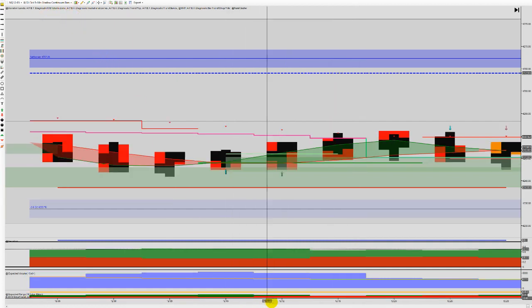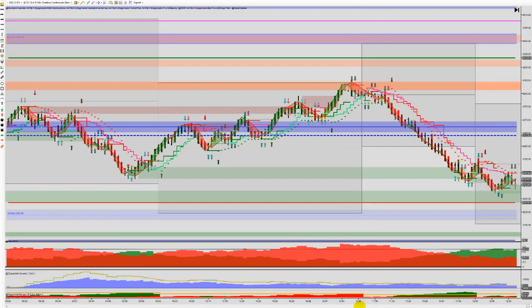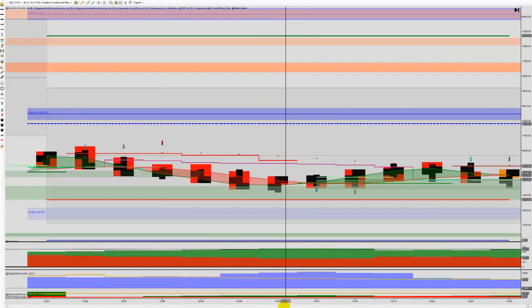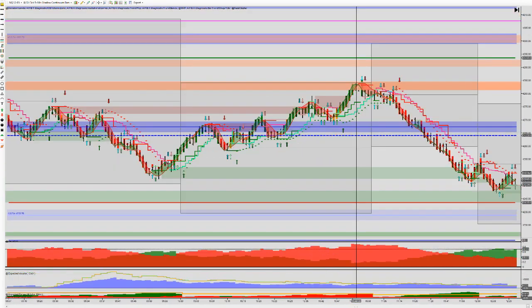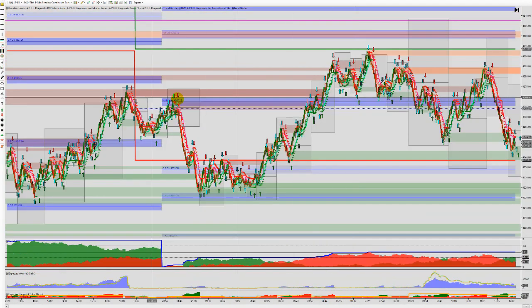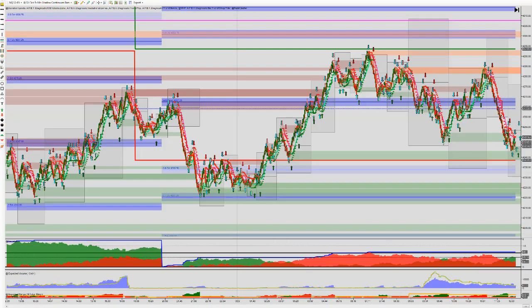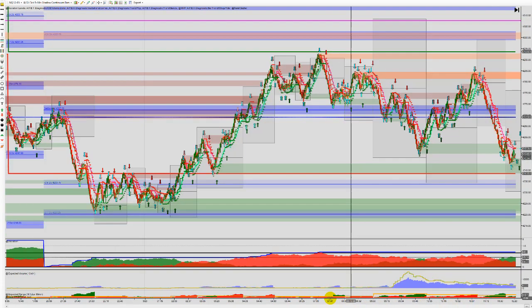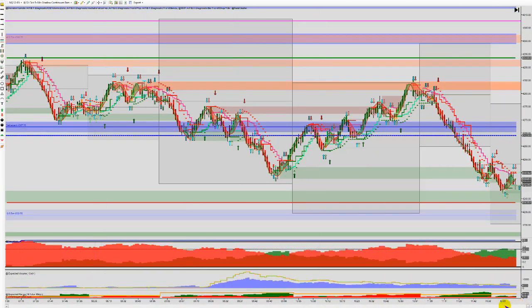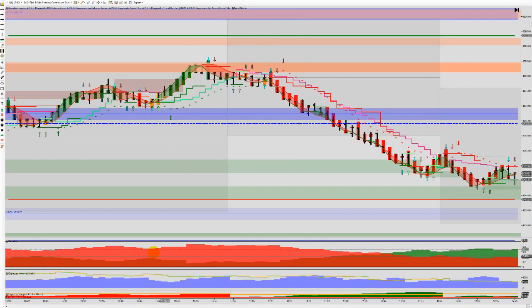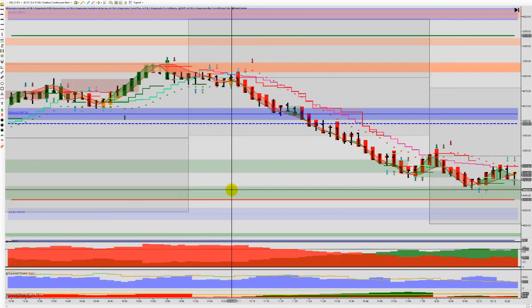The trend flip line flipped. So that light pink went green. There you go. Now that's not enough, but it's a lot. Okay. Are the bars green yet?